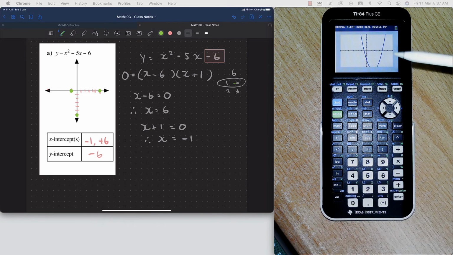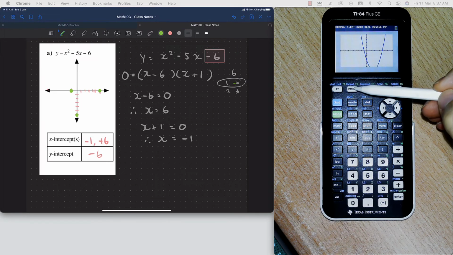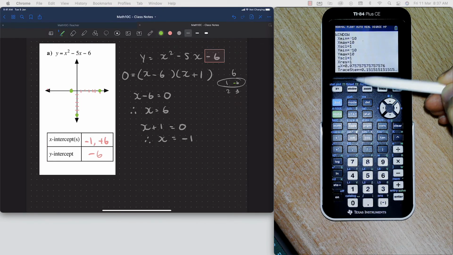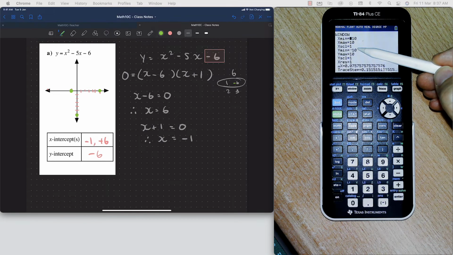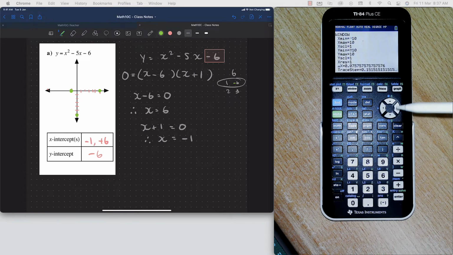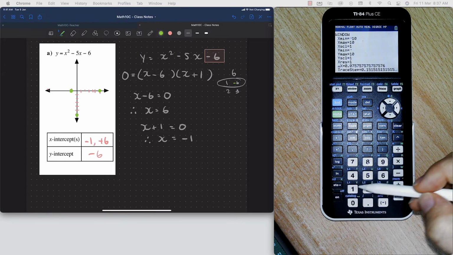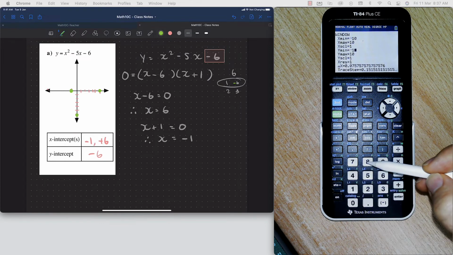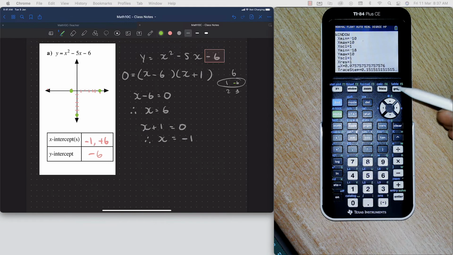Okay, now what we want to do right here is readjust our window. I can't see the bottom of this. So if I go into window, that means I need to go down in the y. So I'd move down to my y min, and I'd change that to, say, minus 18, and graph it, and bam.